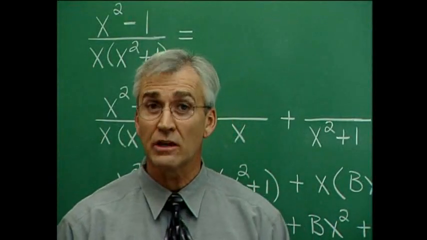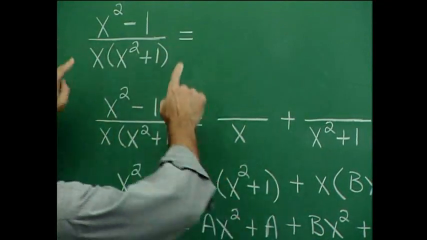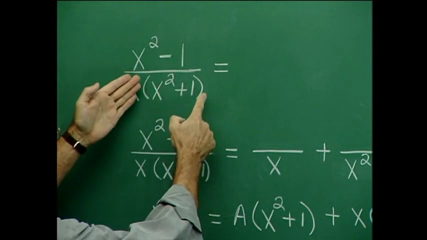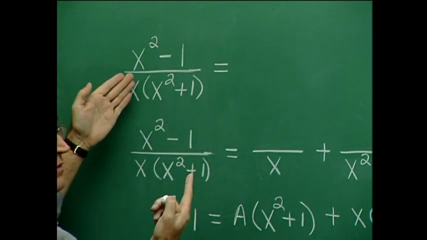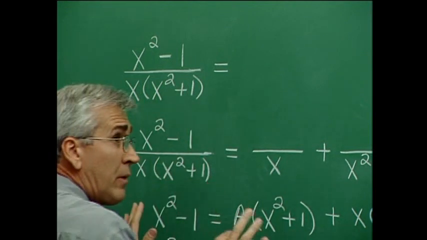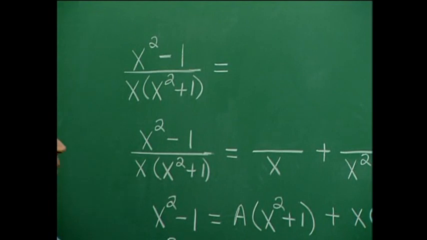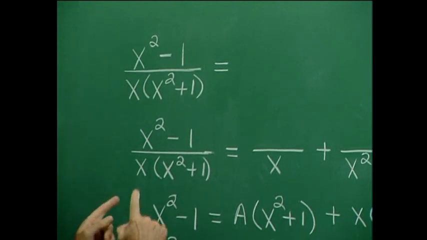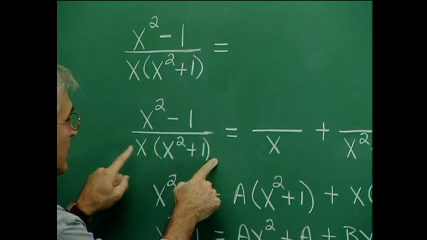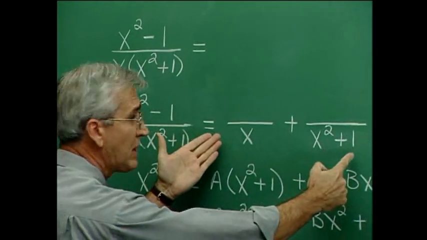The new twist in this problem is that in the denominator we have a factored form, but one of the factors is a quadratic factor that isn't the difference of squares here. So we can't factor this further very easily. But basically we proceed as we did before. Our partial fractions are going to contain as denominators each of the separate factors that we see in this denominator. So we set up that situation.